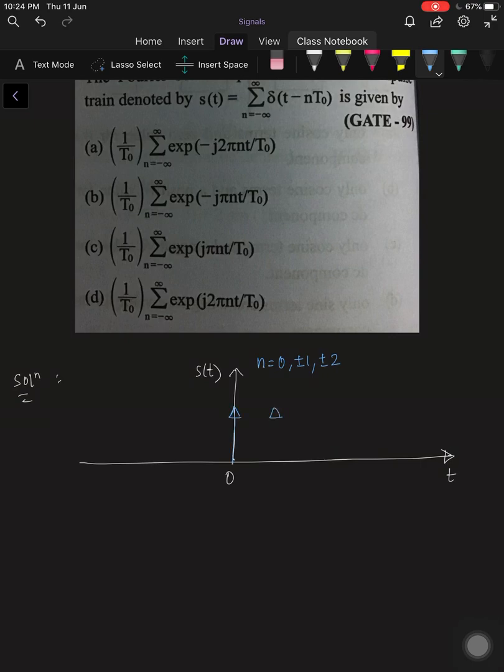This is at 0, minus 2, minus 1, plus 1, plus 2, and the signal repeats. Now it is set at t naught. So the first sample will appear at t naught, 2 t naught, minus t naught, minus 2 t naught.